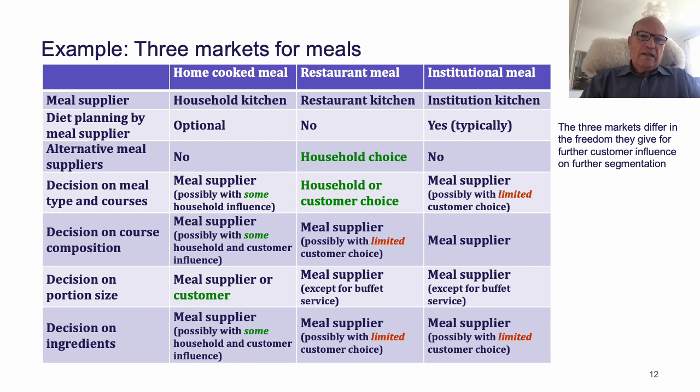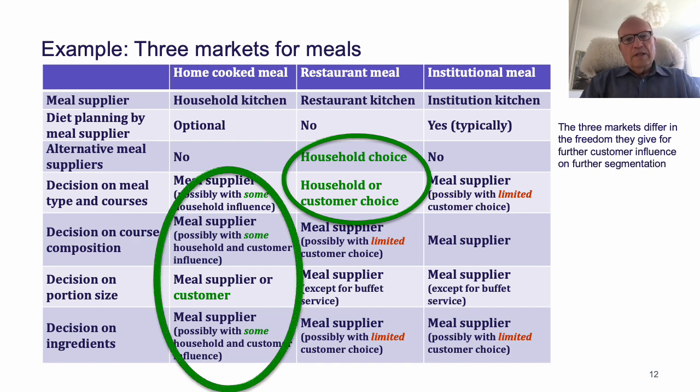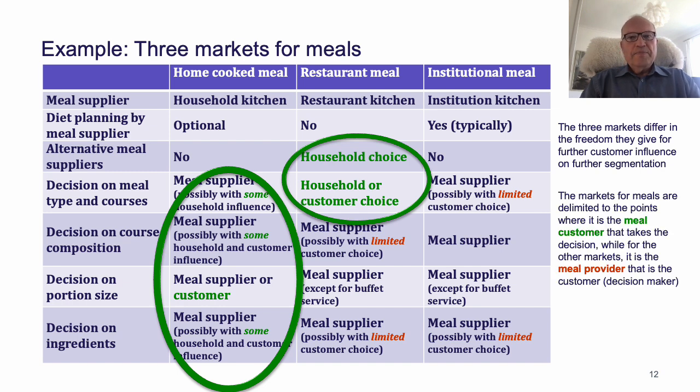In the end, the household's choice or the consumer's choice is largest when you have the choice between different suppliers and different restaurants. In the home, you have some influence, but the person who is actually preparing the meals will typically decide quite a lot of things. And in the situation with the institutions, there is very limited influence on what is actually served.